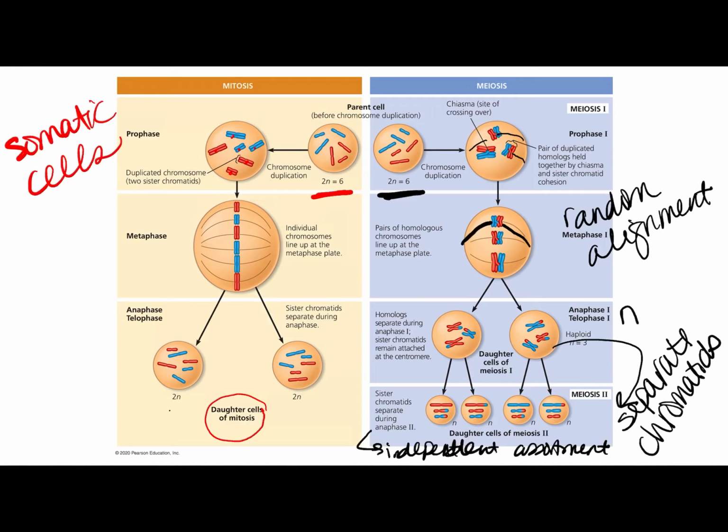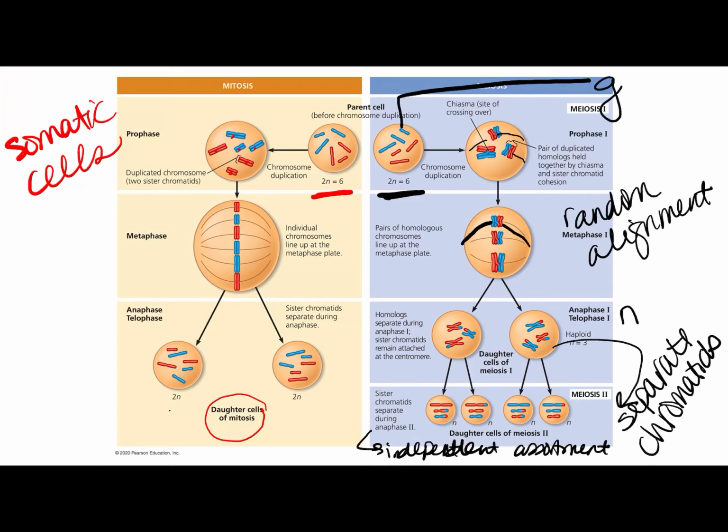Meiosis is reducing the chromosome number from a diploid parent cell to a haploid daughter cell. Well, you can't take haploid cells and reduce the chromosome number any further and still have functional viable cells. Okay, so meiosis has to start with a diploid parent cell.